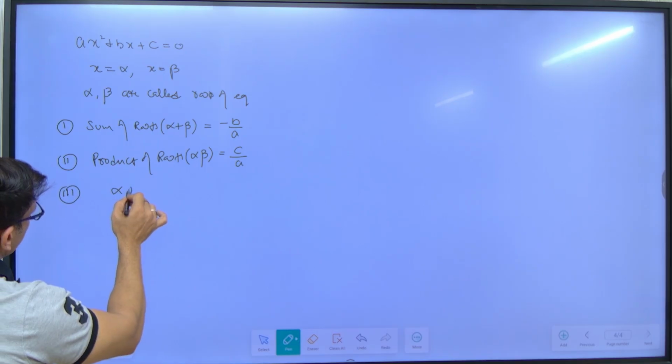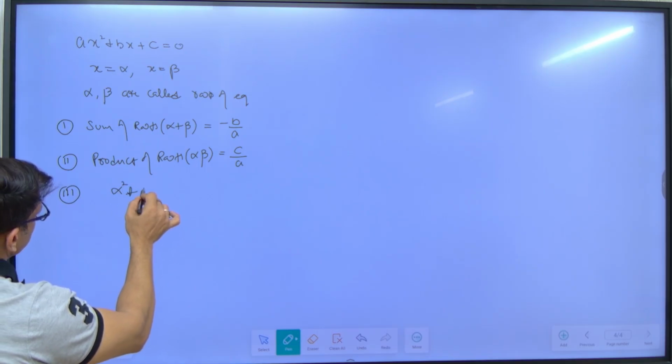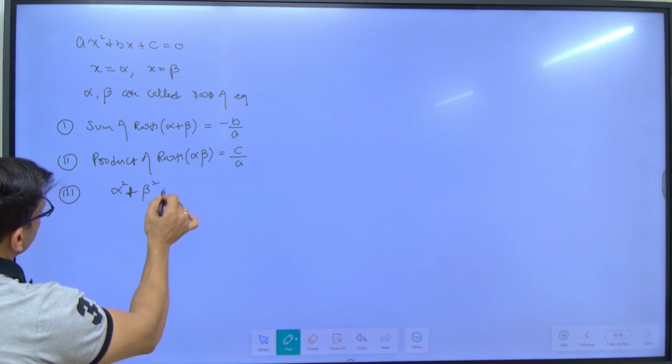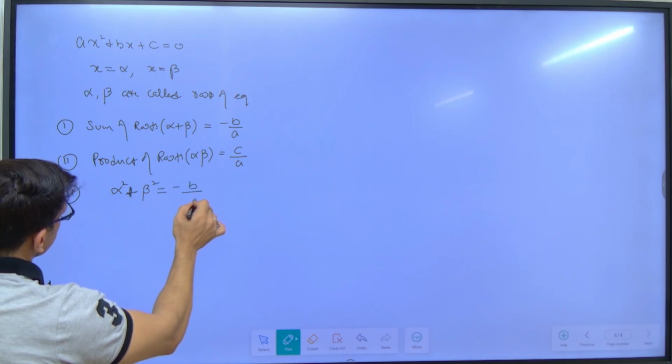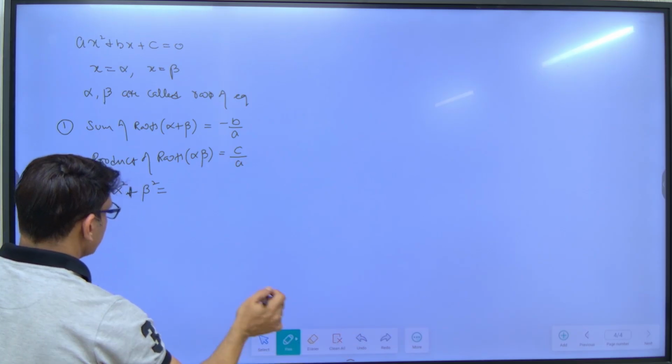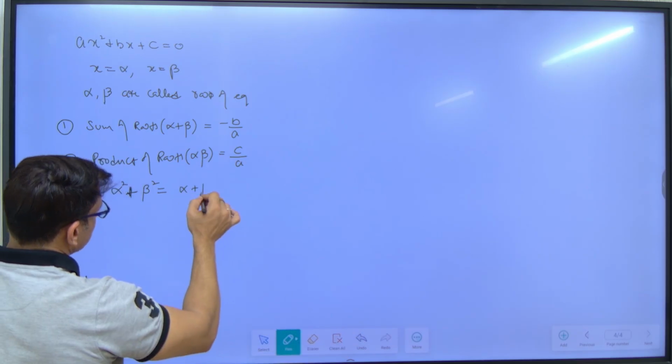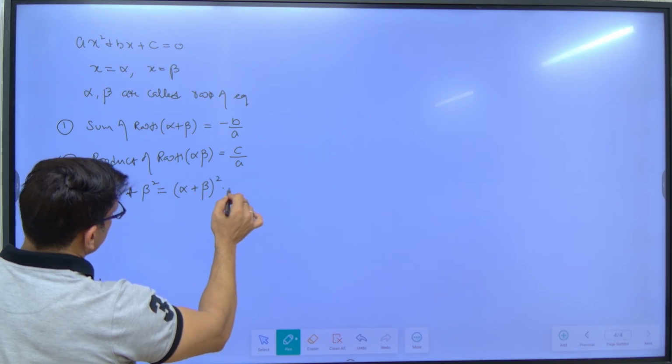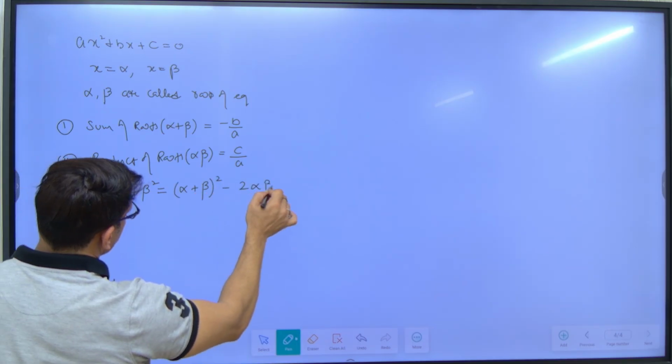Apart from that, you should also know what alpha square plus beta square is equal to. Alpha square plus beta square is equal to alpha plus beta the whole square minus 2 alpha beta, right?